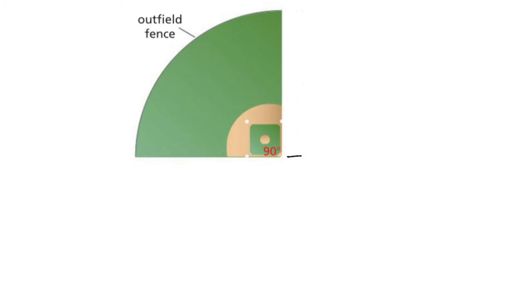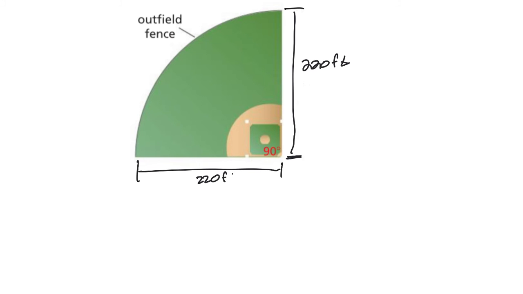It's telling you that this distance from here to here is going to be 220 feet. It's the same one here. So this is 220 feet. So as you can see, I got a sector of a circle.